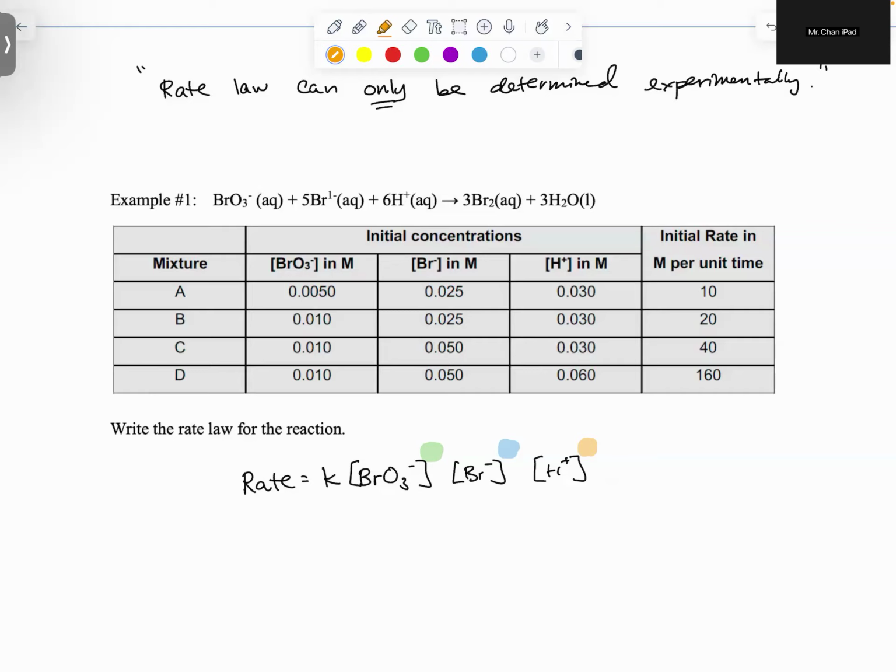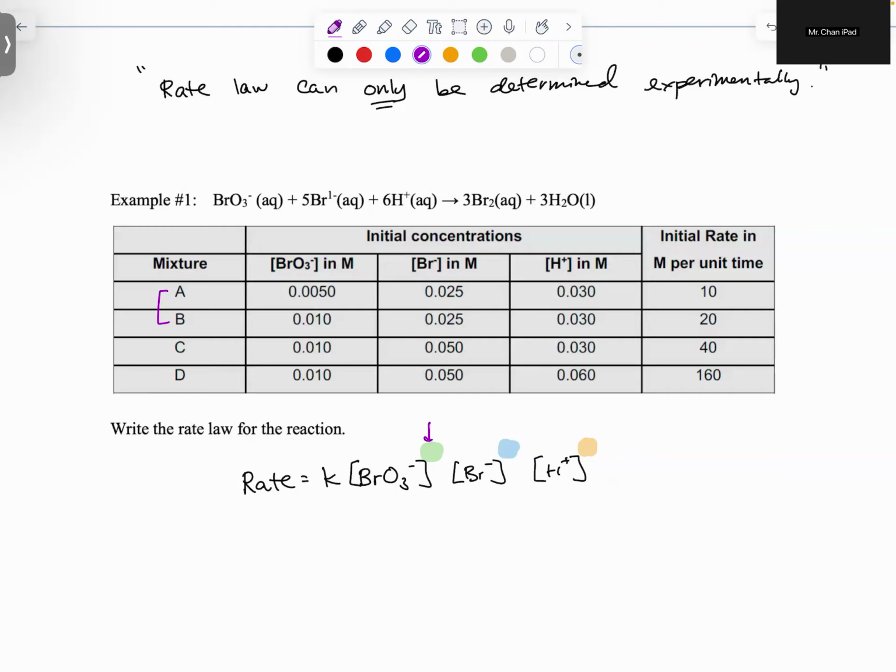Yes? Well, how are we supposed to find the exponents? Now, first, I will show an easy way. We will go ahead and look at mixture A and mixture B. And sometimes they would call it experiment 1, 2, 3. Like if you look at the table down below, can you see experiment on the left column? Okay. We're not talking about the same thing. But what we're trying to do is this.